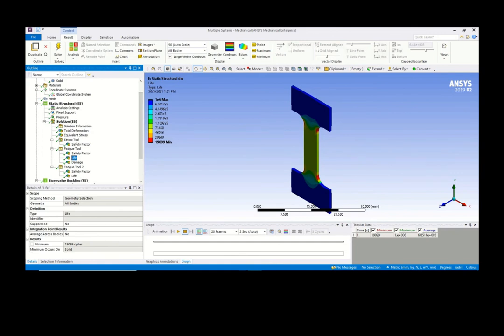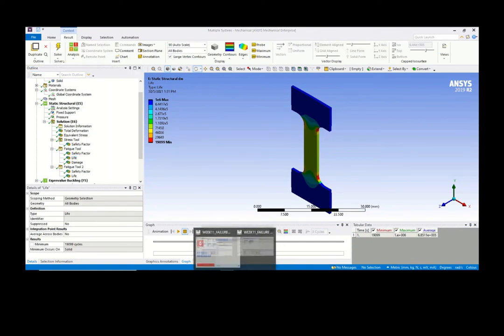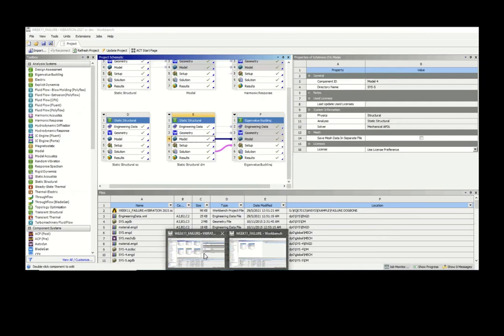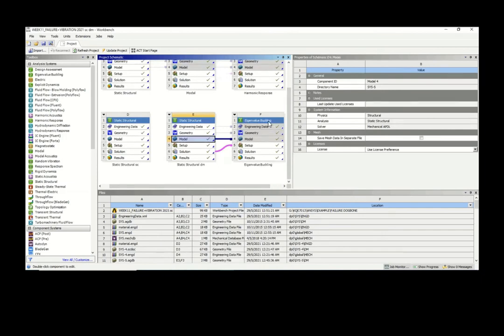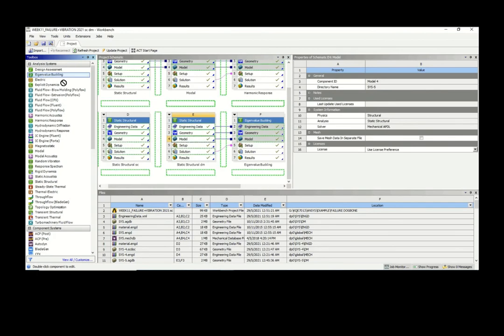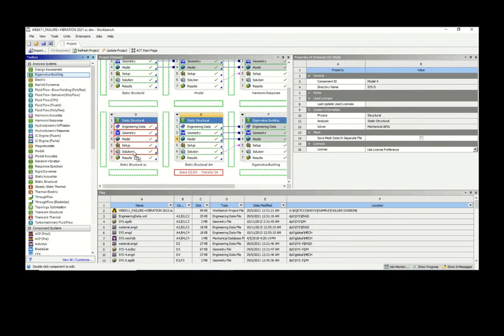Next is buckling, whether it will buckle or not. If you want to do buckling, then you have to find this eigenvalue buckling. So here, you drag this thing up to share whatever data up to the solution. You can pull it, don't release yet, then go up to the solution of this static data, then release it.